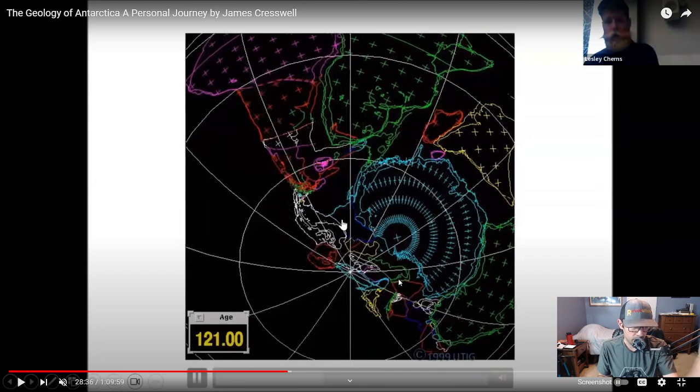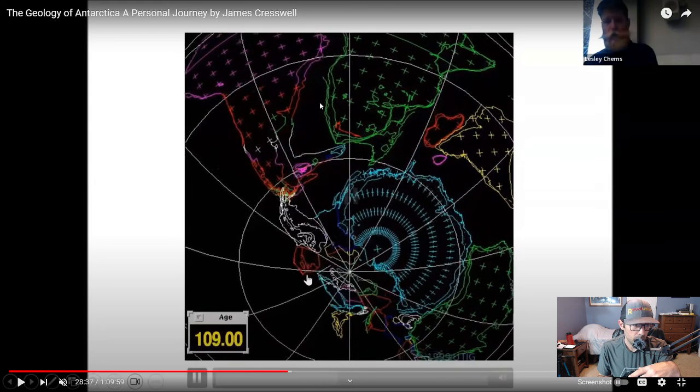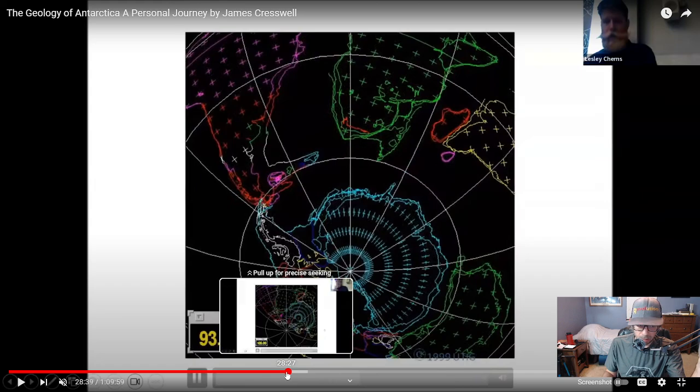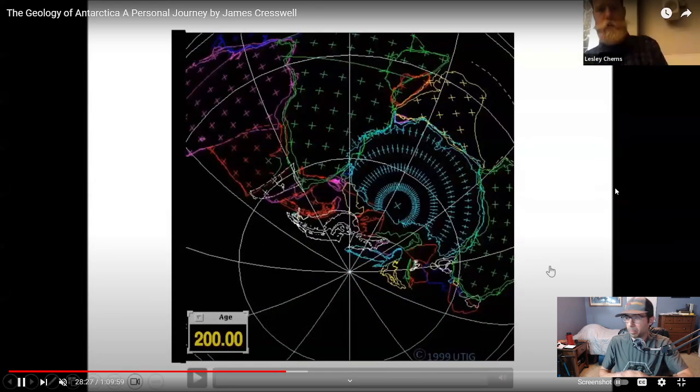And all of this is just breaking up around the center of the eddy as it cuts into it, pretty much. And then they start moving apart. Okay, 109, 108, 103. Now notice the change. Antarctica is over here. Let me just play it the rest of the way entirely.